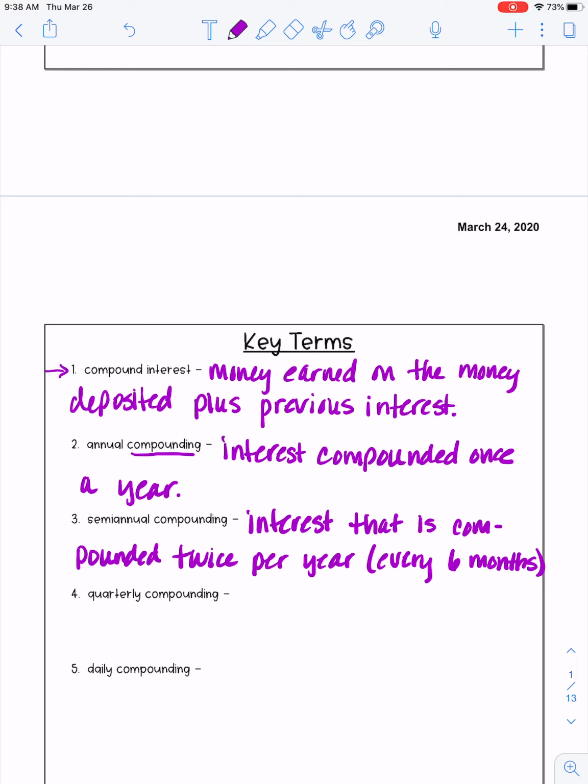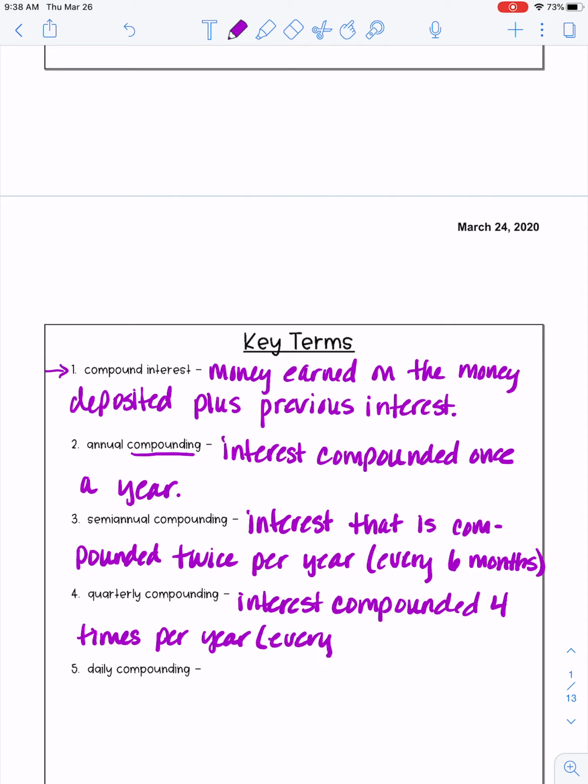Quarterly compounding is interest compounded four times per year, or you can say every 3 months.